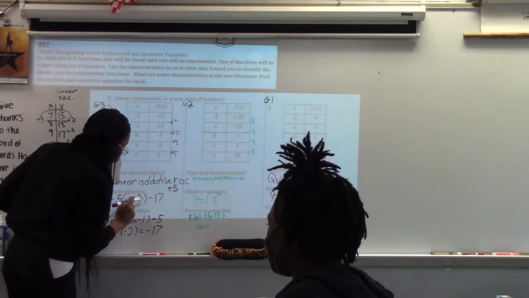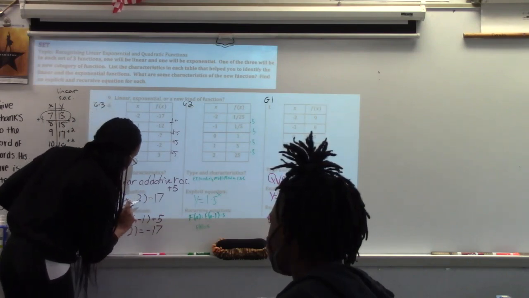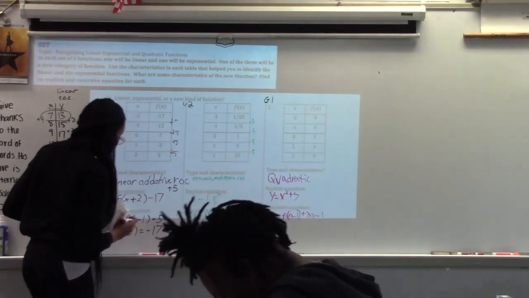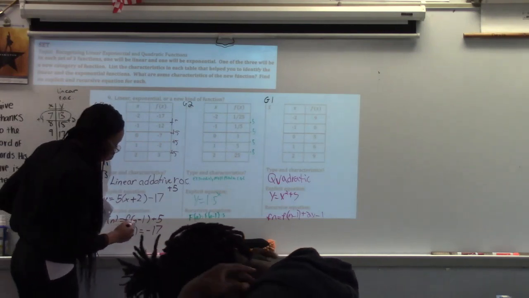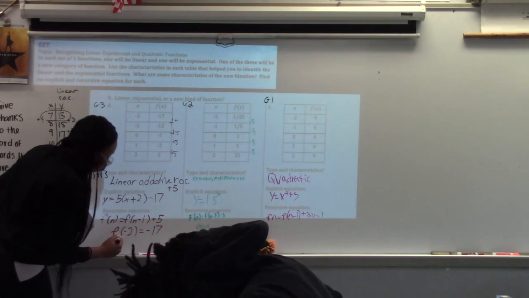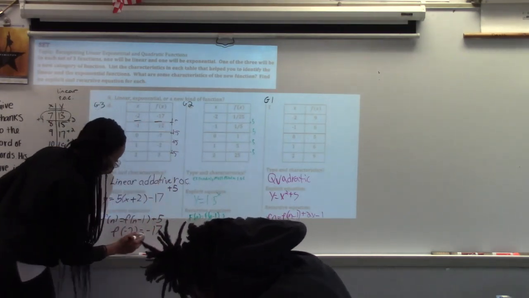We were going to do -2, but you don't have to do that because you already added a negative, which is 17. And then for our recursive, we did f of n equals f of n minus 1 plus 5, which is already a change. And we did the first point, -2 and -17 down here.